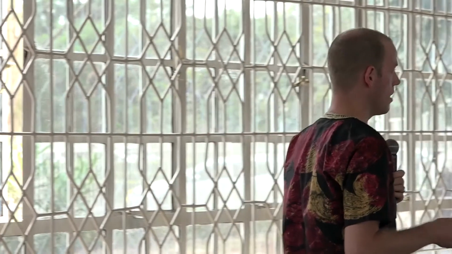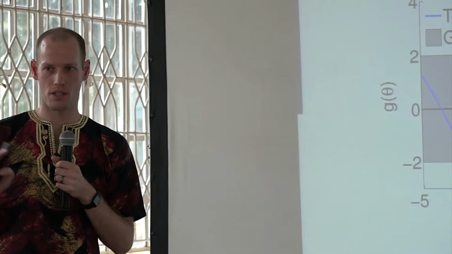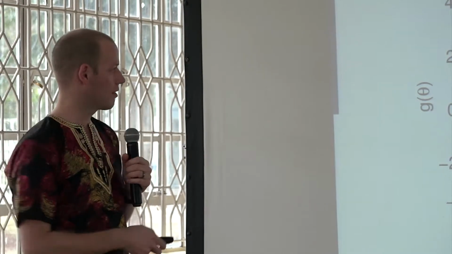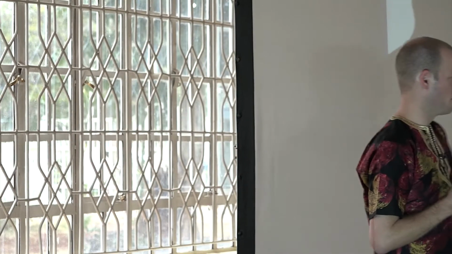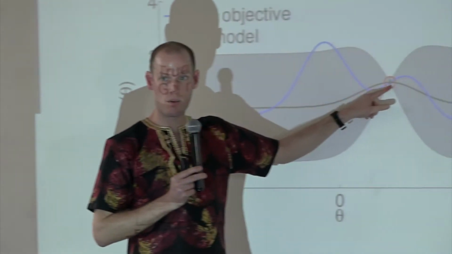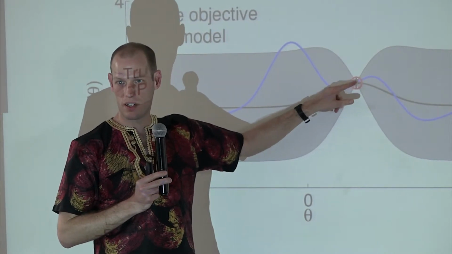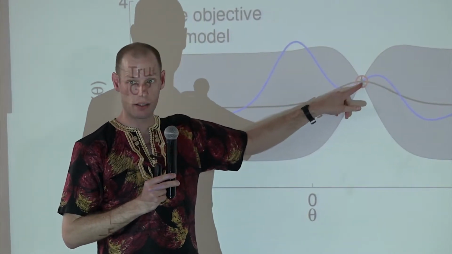So here's an illustration of how this works. Assume we want to minimize the blue function. I'm just drawing this here to make sure that we know what the right answer is, but we actually don't know what the blue function is. The only thing that we know is we have evaluated the blue function once and got this value here.